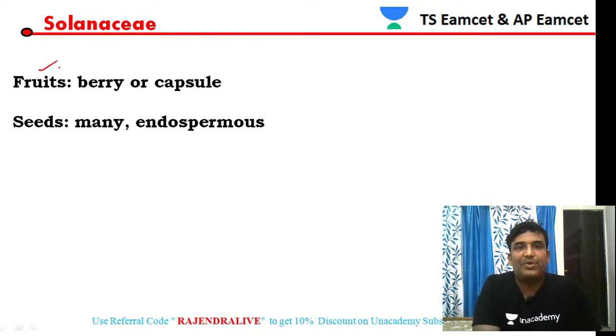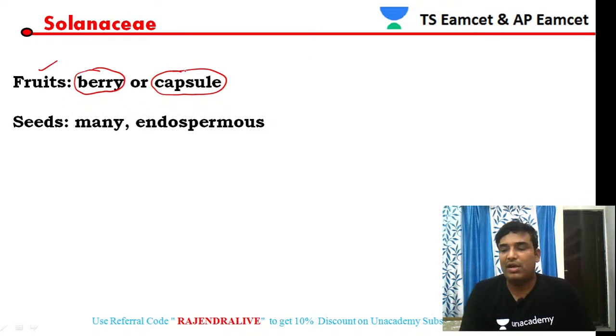What type of fruit can we generally find in Solanaceae members? It is exhibiting the typical fruit that is called berry. Some members show berry, some members show capsule.